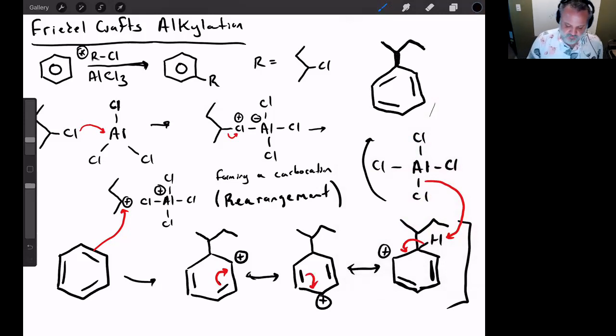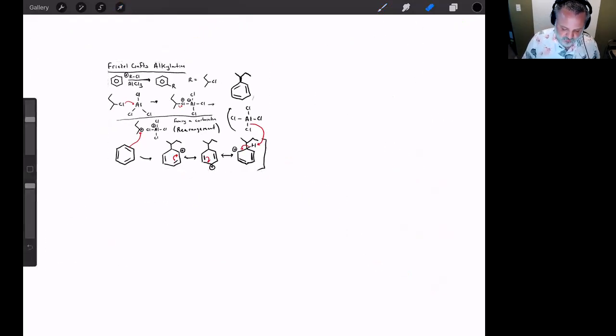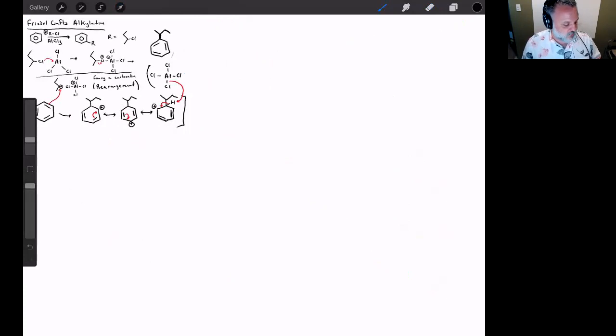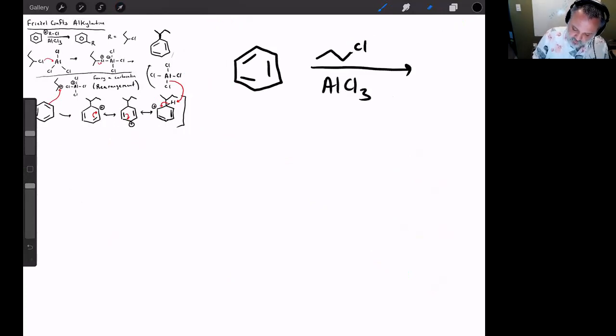It involves the same mechanism, but again, what's different is the formation of the electrophile. One of the things that we have to consider in the formation of this electrophile is the fact that it is a carbocation and then would be subject to rearrangement. So if you were to react something like this with something like this, then the product you would get would be this.